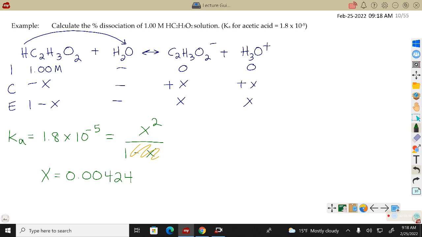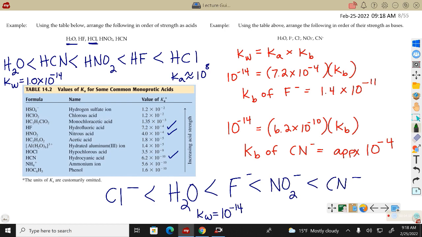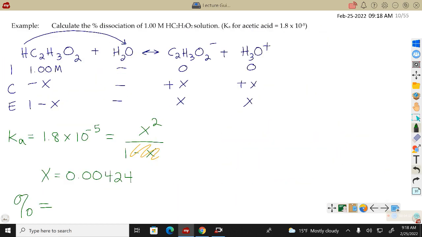All right, so now we can do the percent dissociation. Percent dissociation is the amount ionized, or the amount dissociated, divided by the original amount of acid. So it's going to be my x value, that's the amount dissociated, 0.00424, divided by the initial concentration, which is 1.